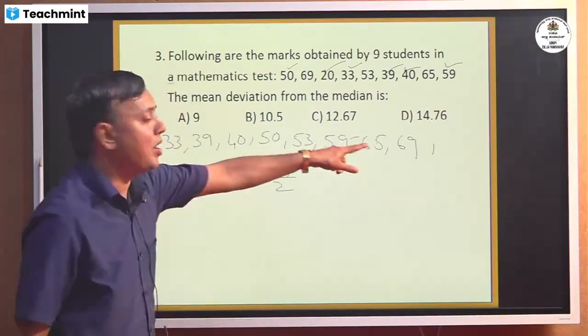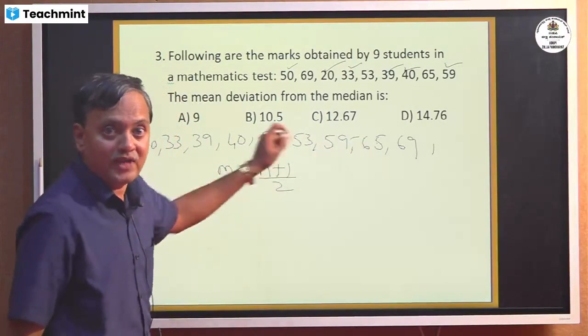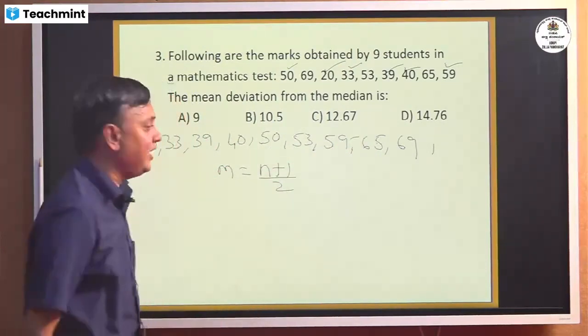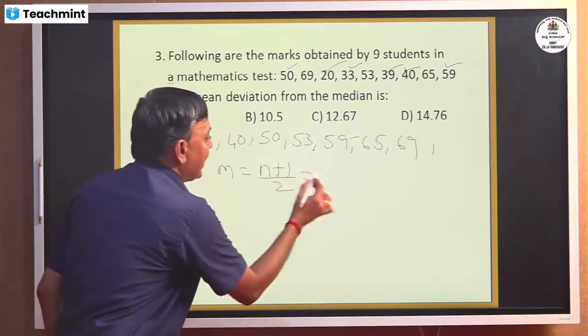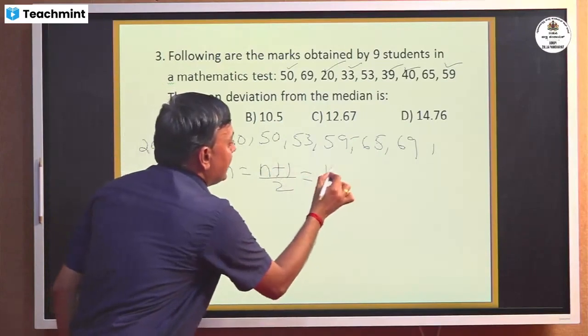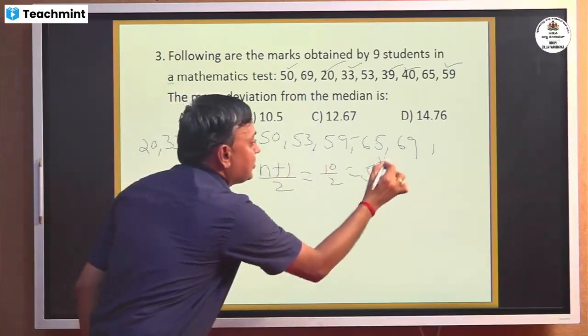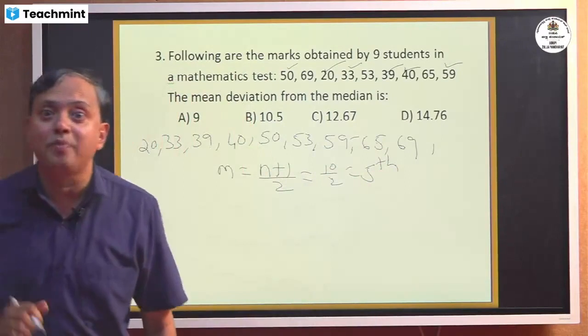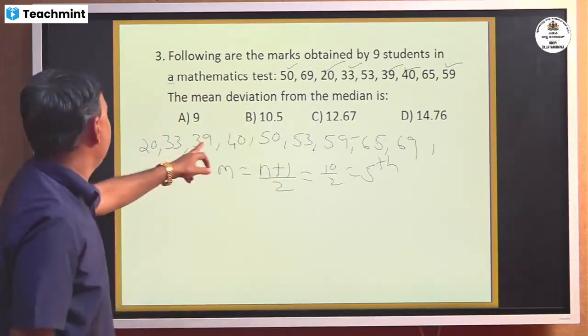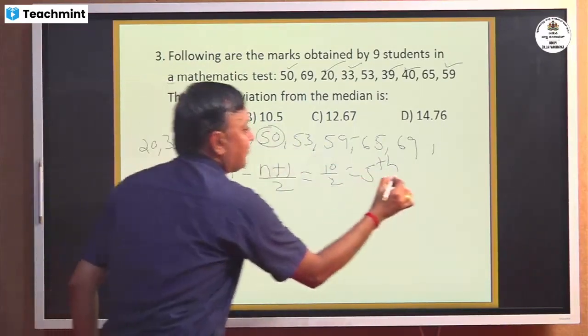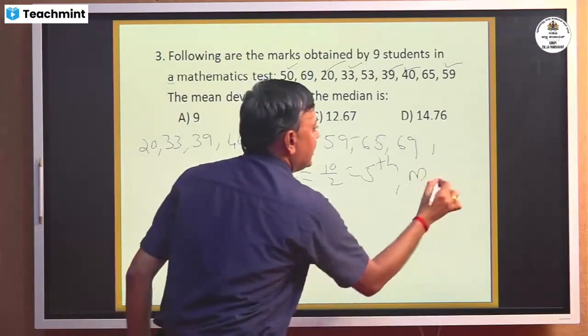But here the number of observations is 9, odd, so the median is (n plus 1) by 2, 10 by 2, that is the fifth observation. Here the fifth observation is 50, therefore the median is 50.